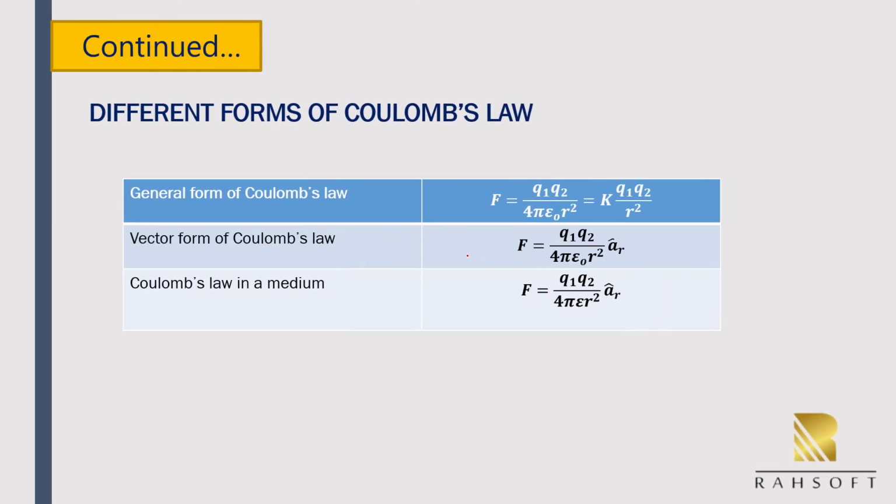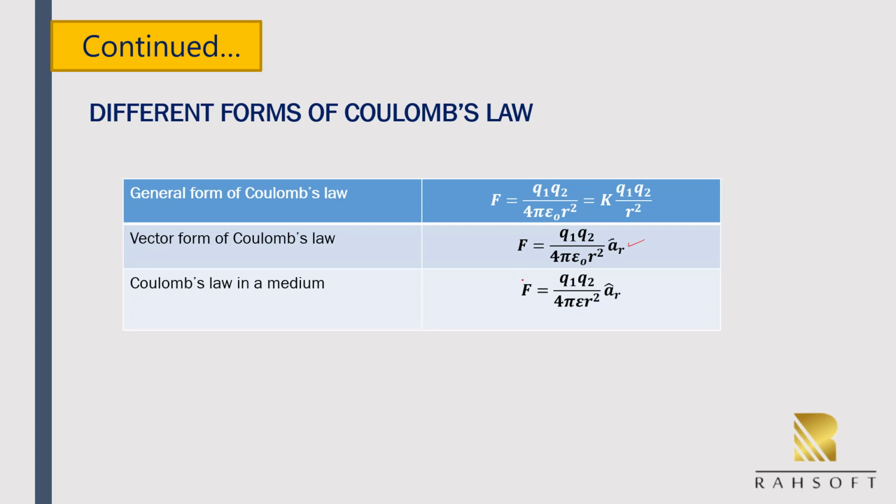Now I have this simplified form of these different forms of Coulomb's law. You can see here the general formula of Coulomb's law is F equal to Q1 Q2 divided by 4 pi epsilon naught R square, equal to K Q1 Q2 over R square. And in vector form we just put here a unit vector AR.